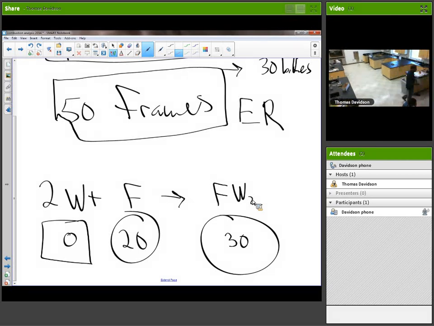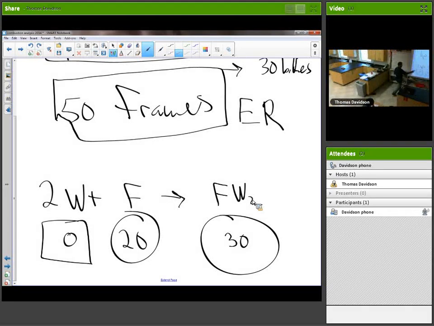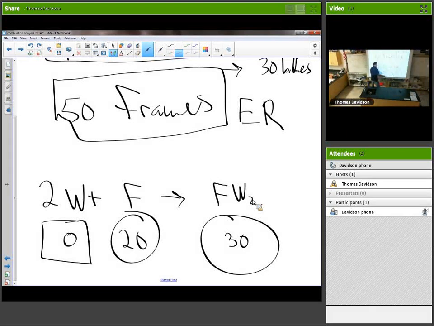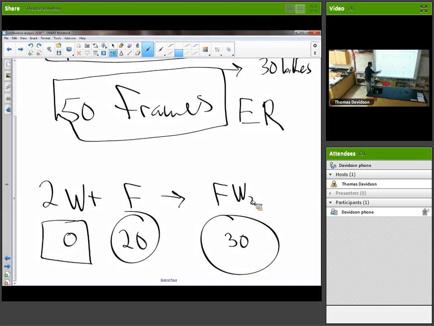So that wouldn't have worked, so originally it would have just been wheel plus frame goes to frame plus 2 wheels. That's where this came from. We had to balance it. Remember, 0 because it was our limiting reactant, 20 because it was our excess, 30 because 60 wheels can make 30 bikes.